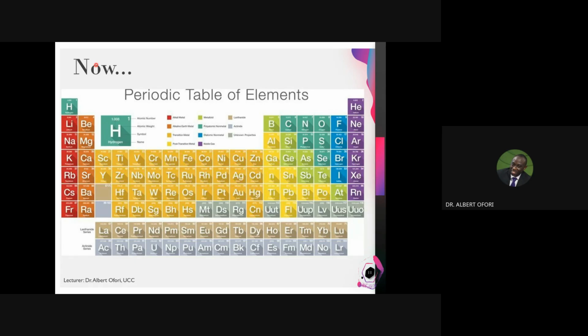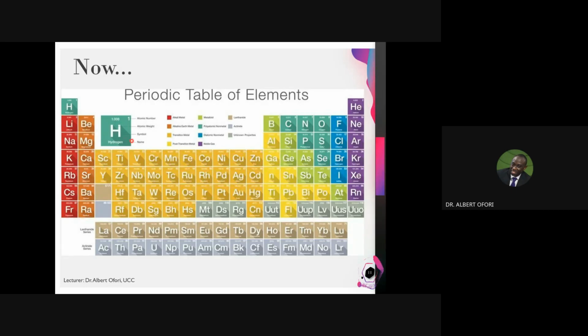Now, when we are numbering that, we have two ways of numbering the elements. We can number it such that we don't include the transition elements, or we can number it and include the transition elements. We can use Roman numerals to differentiate between the two.